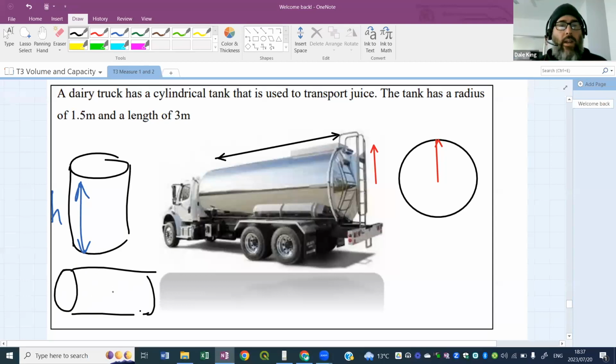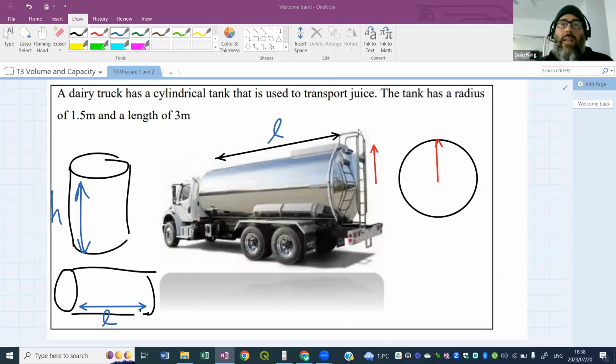We still need a radius, but this dimension here, the blue one, which was a height, they're now calling length. Don't be confused. It's the same thing. But because the cylinder is on its side, they're not saying height anymore. It wouldn't make sense to say height. Okay. So because the cylinder is on its side now, they're calling it length.